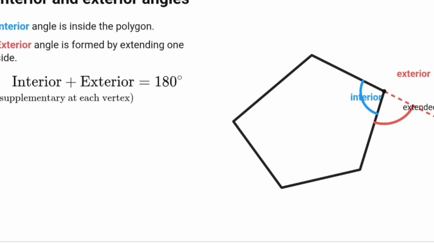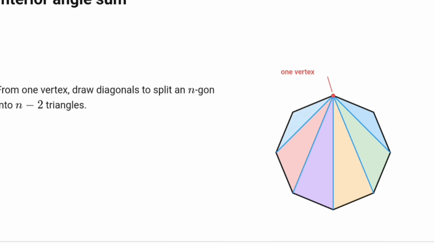With the interior angles identified, a polygon with n sides can be divided from one vertex into n minus 2 triangles. Since each triangle has 180 degrees, the total interior angle sum is (n minus 2) times 180 degrees.